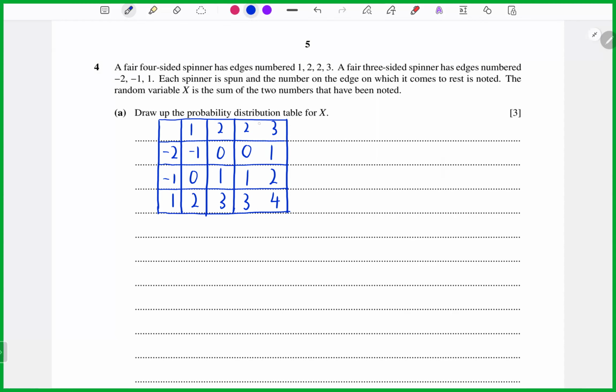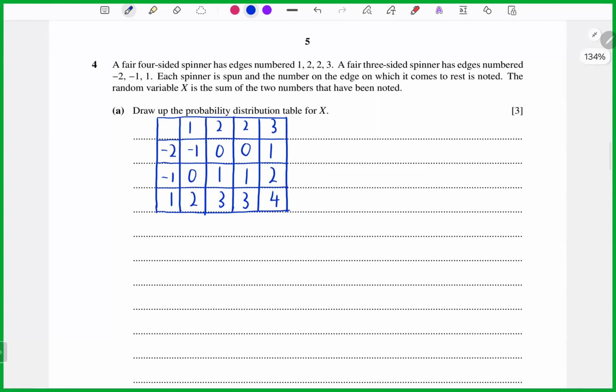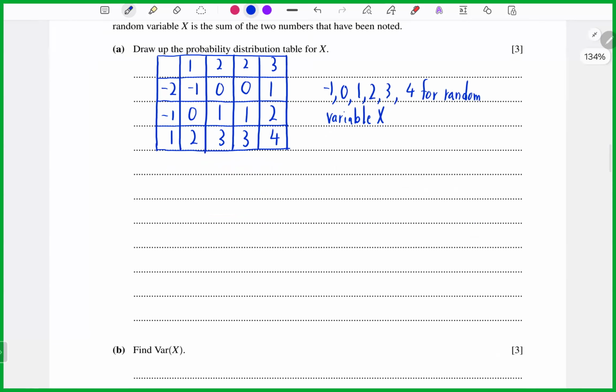So we have the values -1, 0, 1, 2, 3, 4 for random variable X. Now we need to draw the probability distribution. You can write here X and P(X = x).